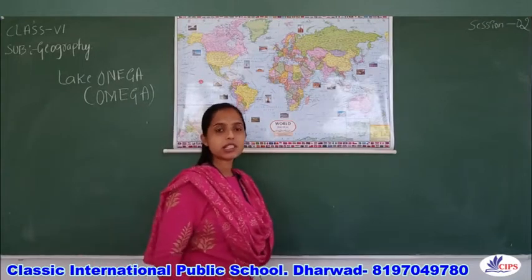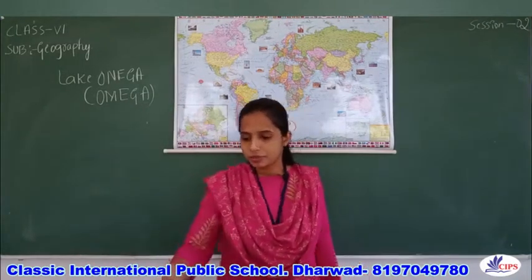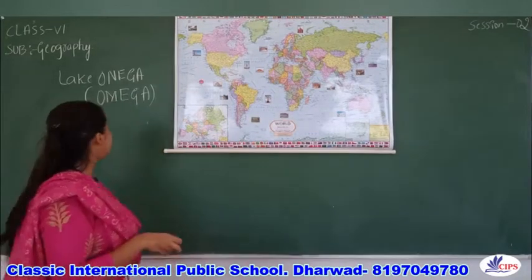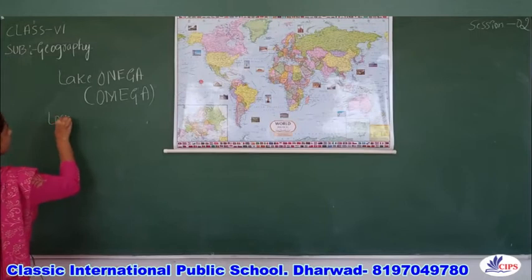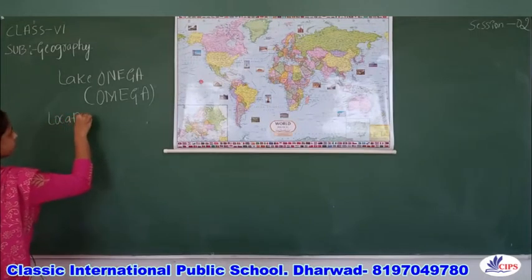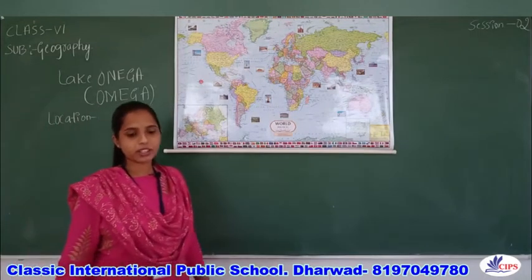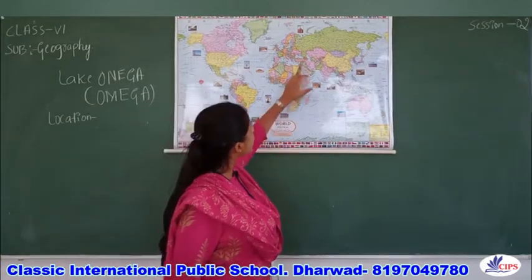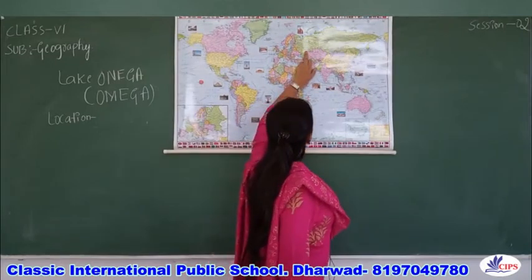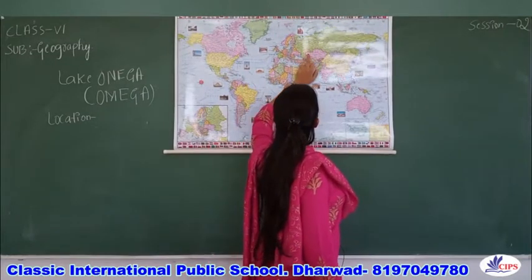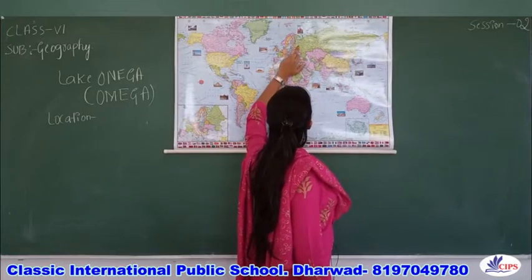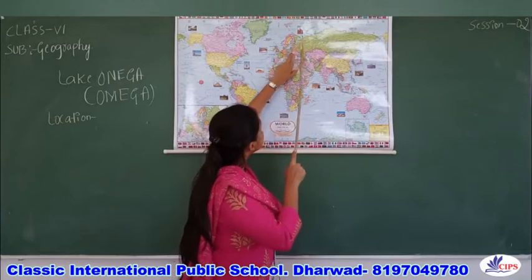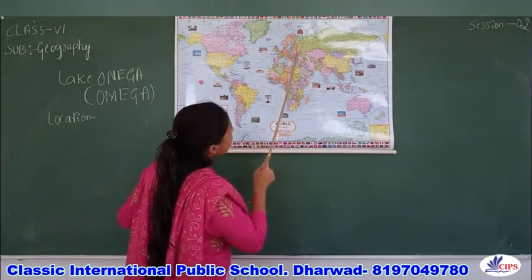Now, first the location. This lake, Lake Onega, is located in the northwestern part of Europe, in the northwestern part of Russia. See, here is Lake Onega.